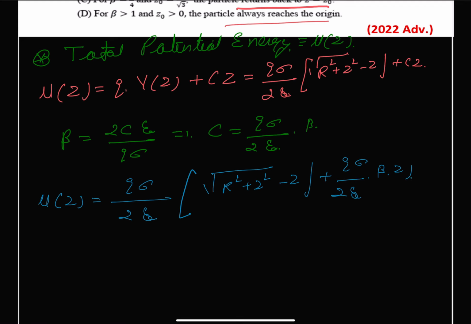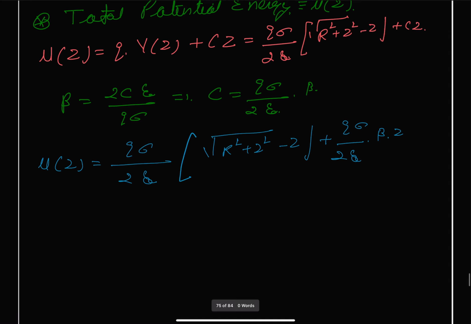Further, we can take sigma upon 2 epsilon naught common, so we get U of z equal to Q sigma upon 2 epsilon naught.